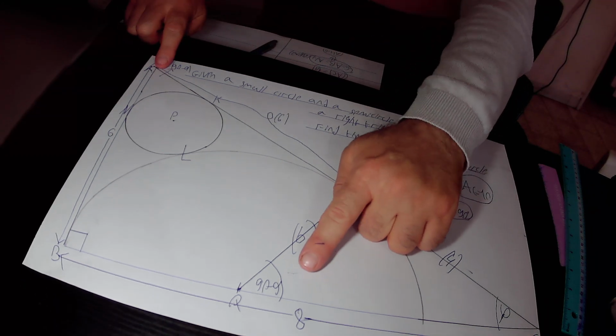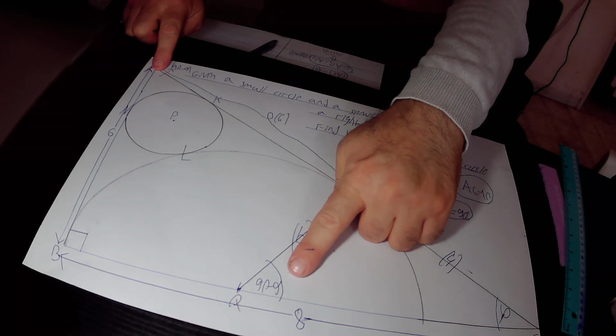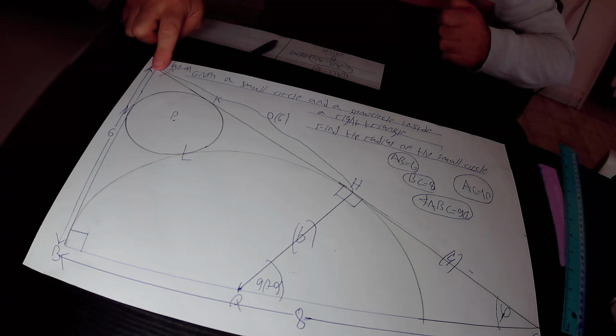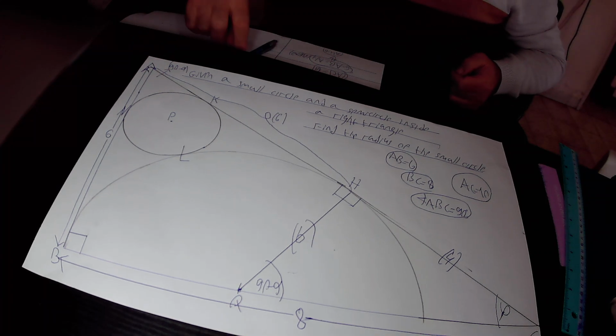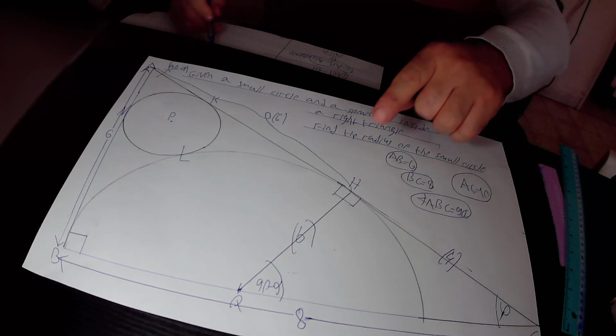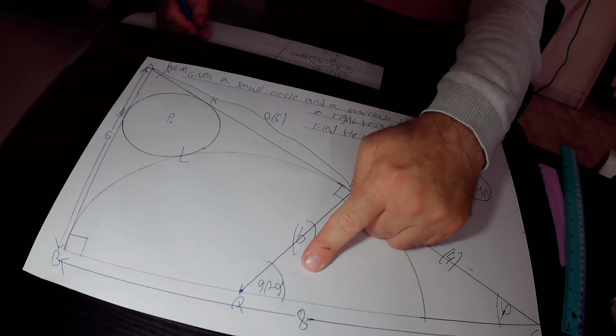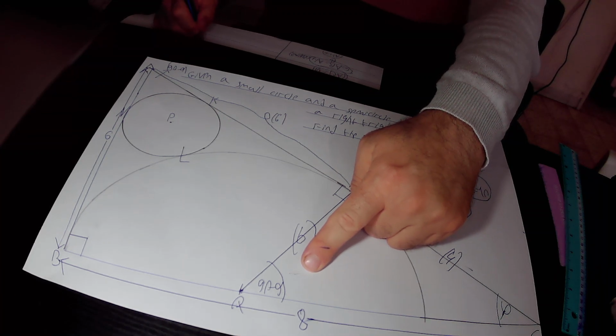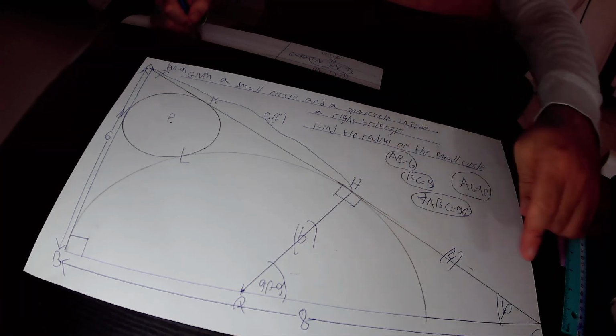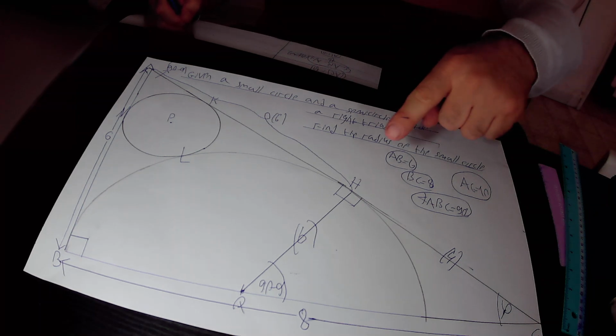And finally, those two angles are both equal to 90 degrees minus alpha, therefore they are equal to each other. So actually, this is angle BAC in the big right triangle ABC, and it is equal to this angle, that is actually angle HQC in the small right triangle HCQ.